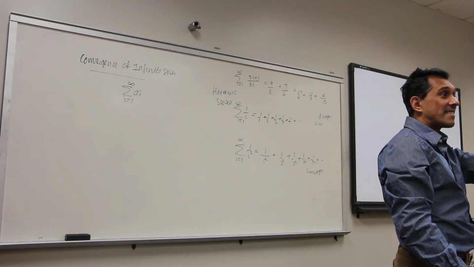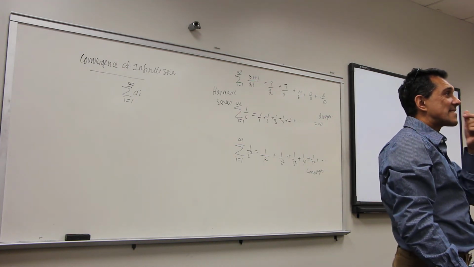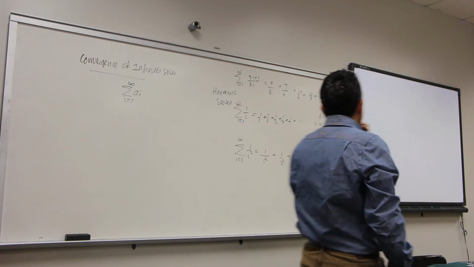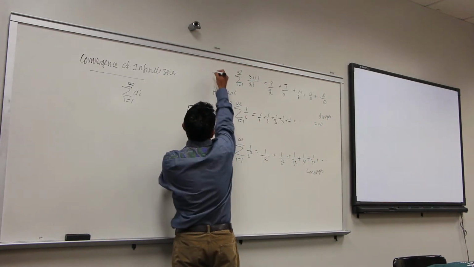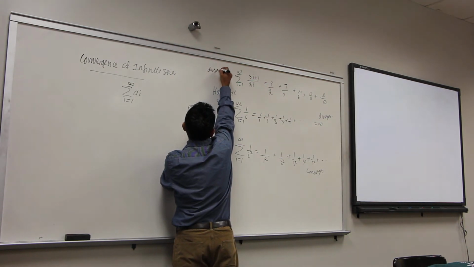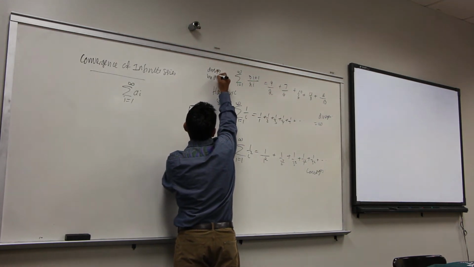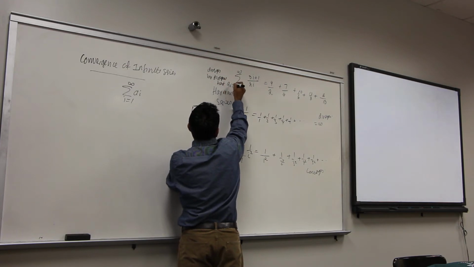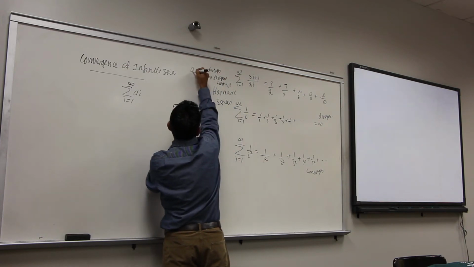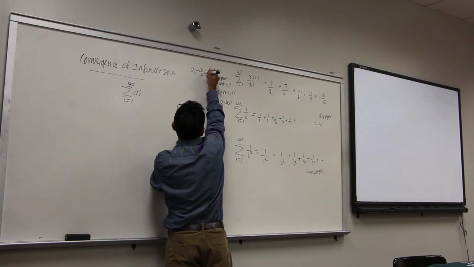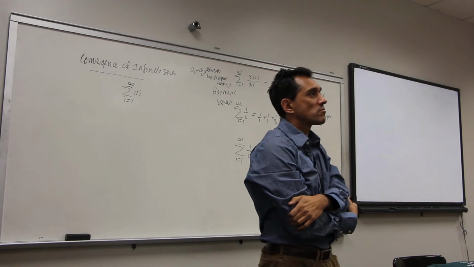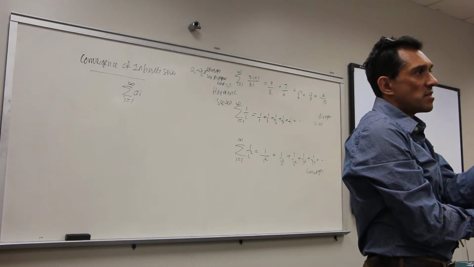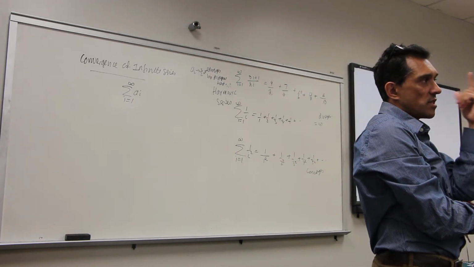The a_i go to 3 over 2, which is not 0. So keep adding that number, you will get infinity.